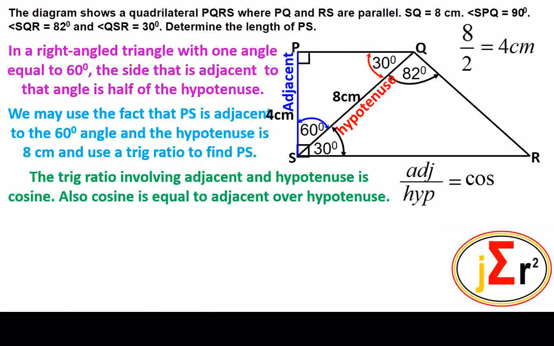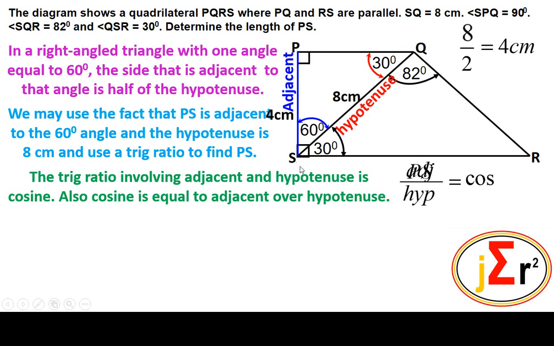Also, cosine is equal to adjacent over hypotenuse. It is important that we do not only know that adjacent and hypotenuse means cosine, but also that cosine is equal to adjacent over hypotenuse. The adjacent side is the one that we are attempting to find, which is PS.